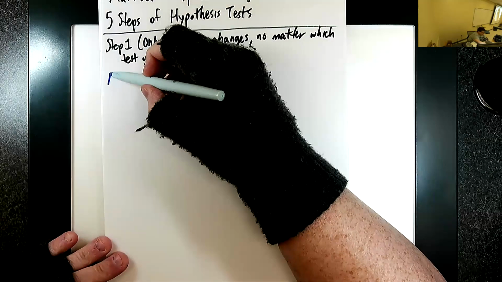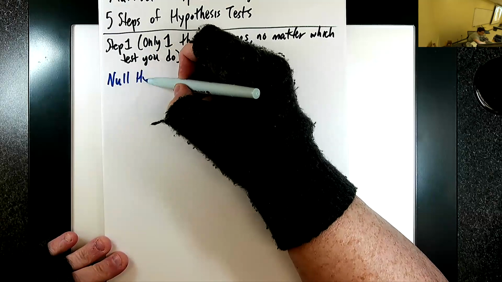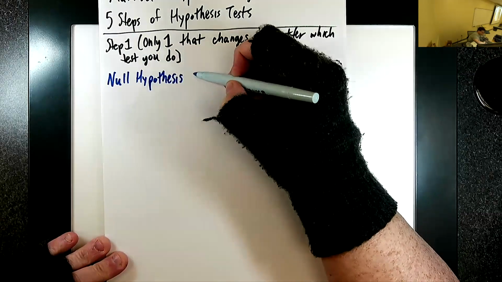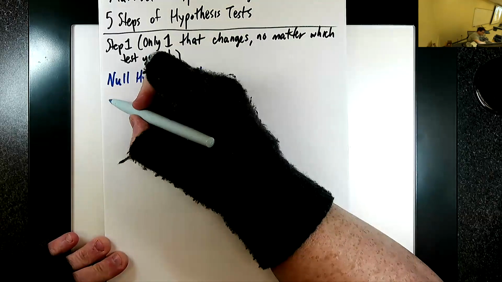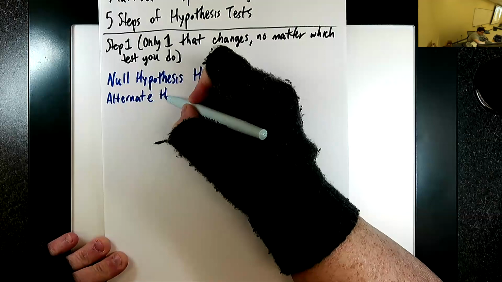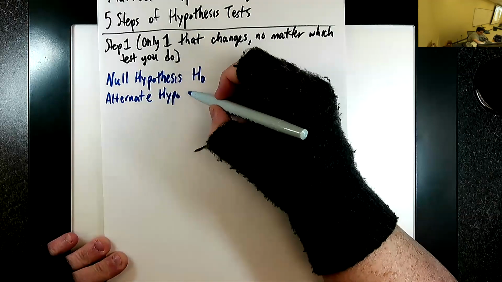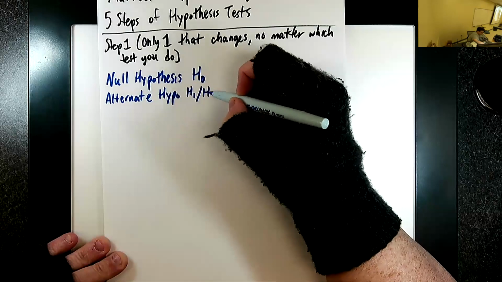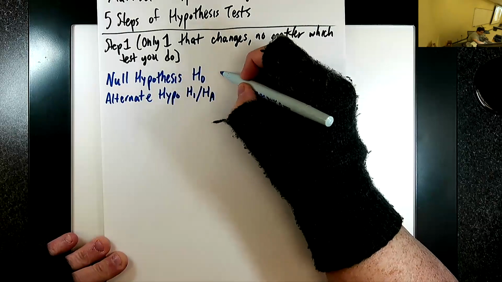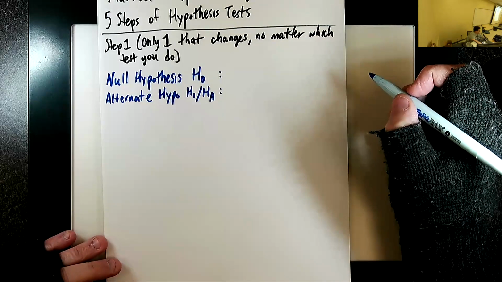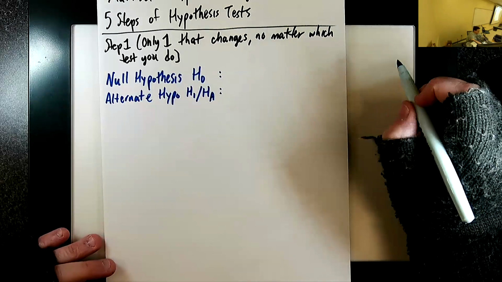You will have the null hypothesis, which goes by H naught or H0, and you will have an alternate hypothesis, which goes by, depending on where you're looking, H1 or HA. The homework will reference H1, and then StatCrunch uses HA.